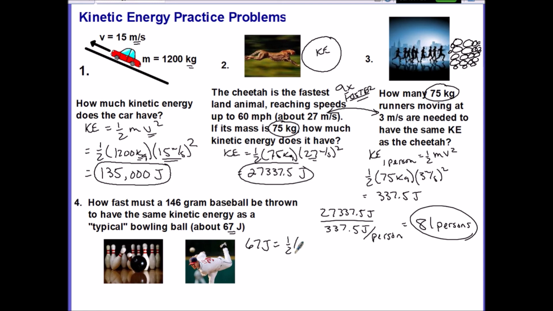And let's go ahead and calculate that speed by using that kinetic energy equation. Notice I am converting that into kilograms. Easiest way for me to solve this is to multiply both sides by 2 to begin with. That gets rid of that half.